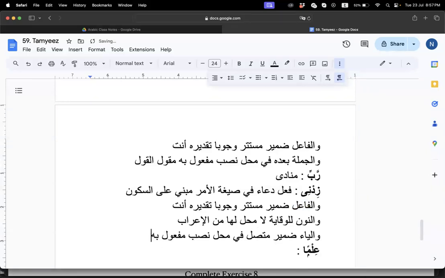If you want to talk about mutakallim, this ya is mutakallim, the first person ya. Usually you say this when you want to make it clear that we're not talking about ya mukhatab, the one in anti. That's the only difference. But in i'rab wise, this is actually not that important, because what is more important is whether the damir is an attached one, a munfasil one, or a mustatir one.